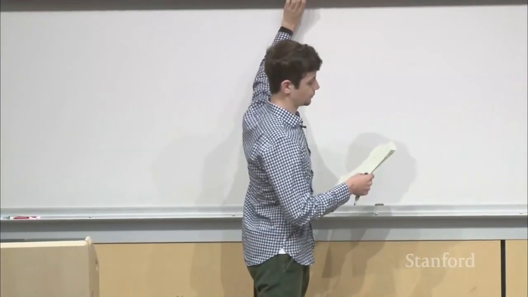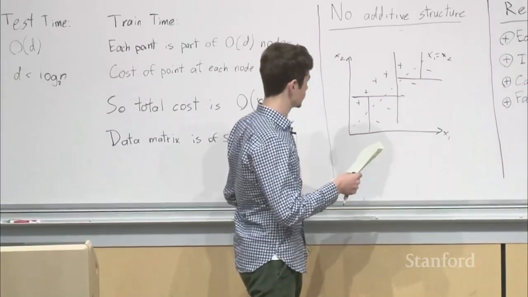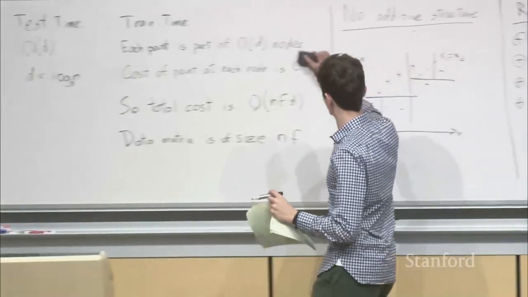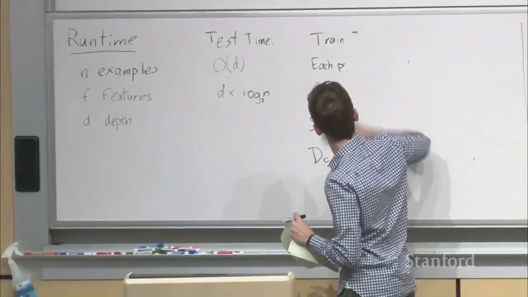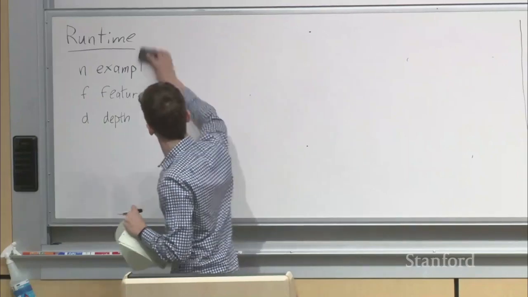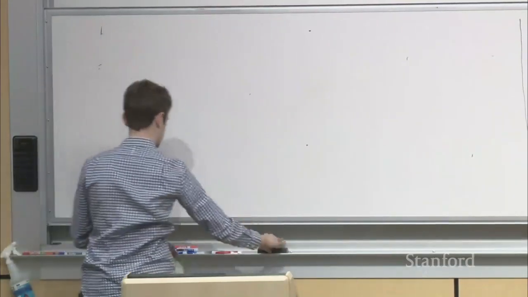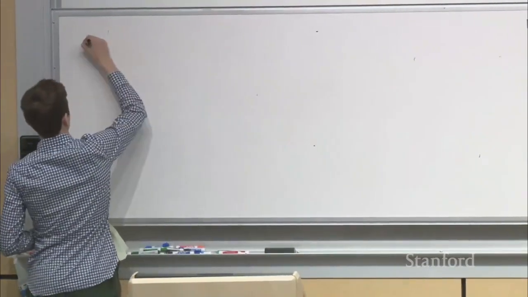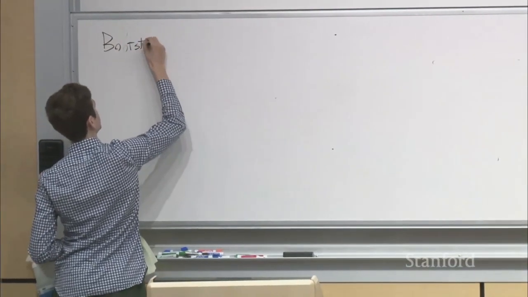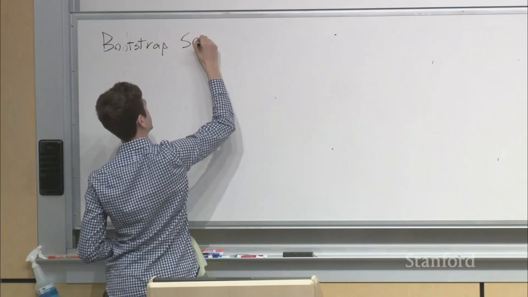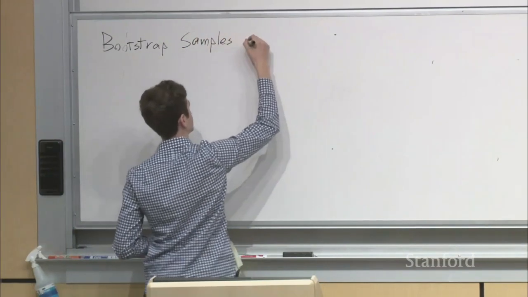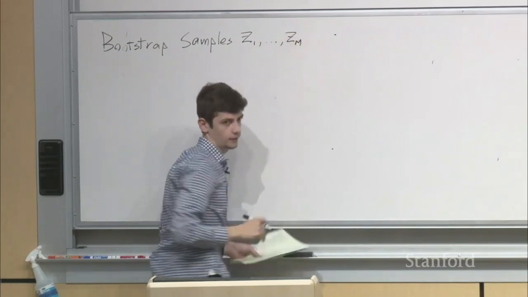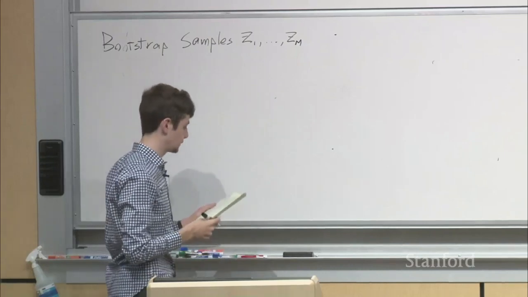So let's make that a little bit more formal. You have bootstrap samples Z1 through ZM, say, where capital M is just how many bootstrap samples you're going to take.